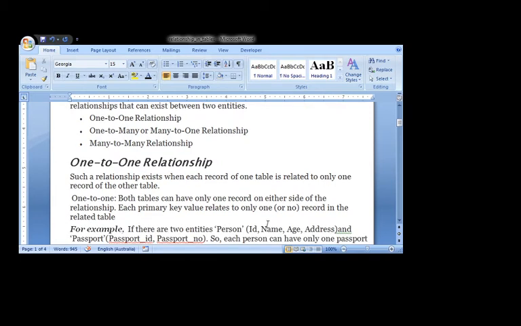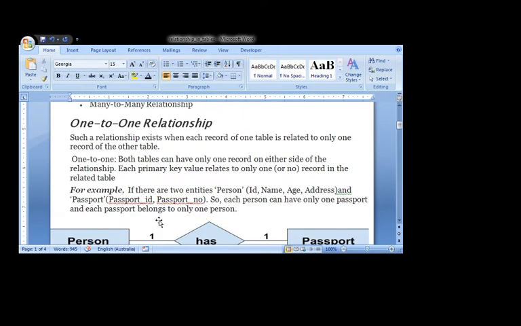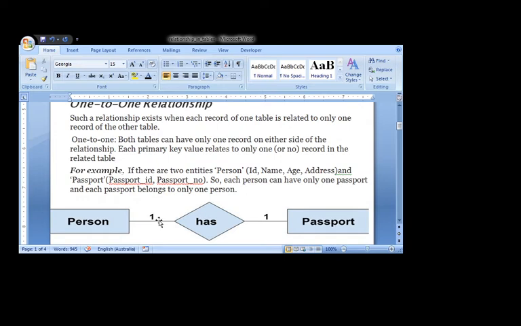The primary key values relate to only one or no record in the related table. For example, there are two tables. One is person table.